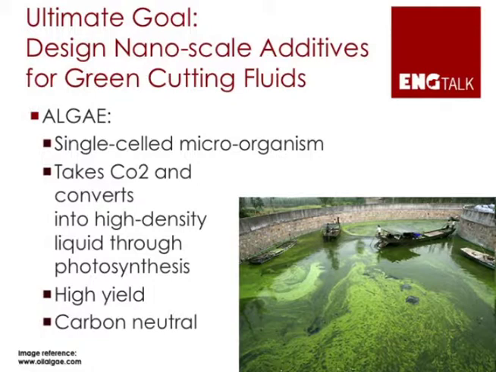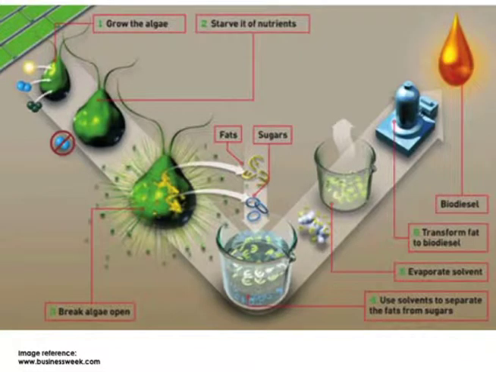Essentially, it takes in carbon dioxide and converts it into high density liquid through photosynthesis. So in some sense, it is truly a carbon neutral oil source. But right now, if you look at algae oil in terms of a suitable use towards machining applications, it is not there yet in terms of its ability to provide cooling and lubrication for high performance machining.